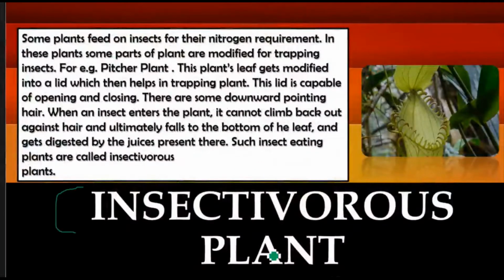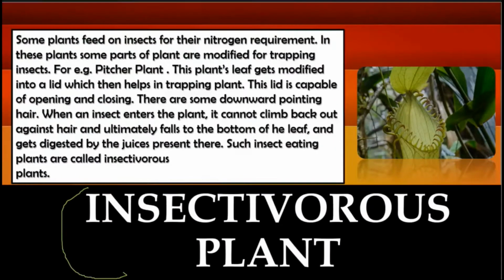So, insectivorous plant. Some plants feed on insects for their nitrogen requirements. Now, some plants fulfill their nitrogen requirements by eating insects. For example, pitcher plant.